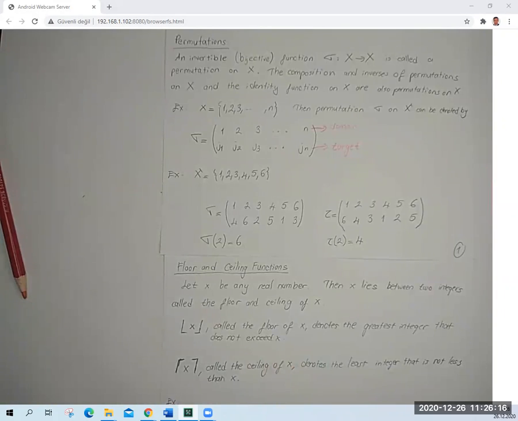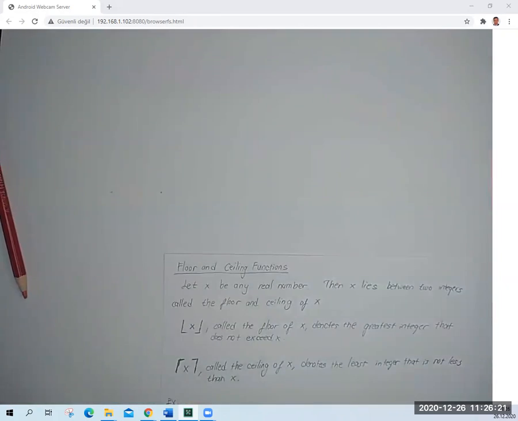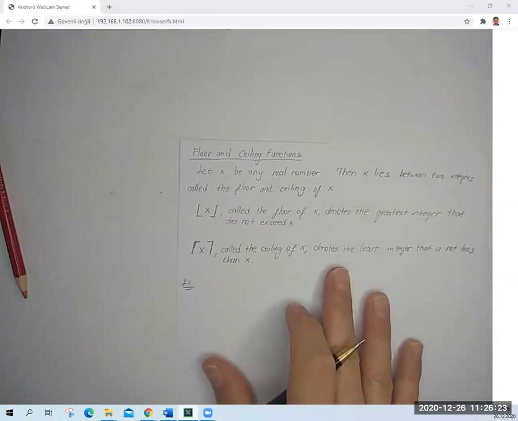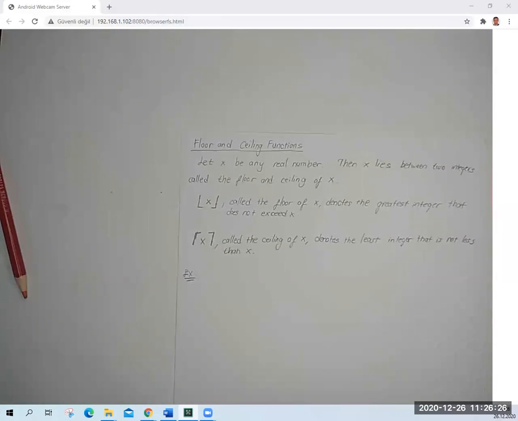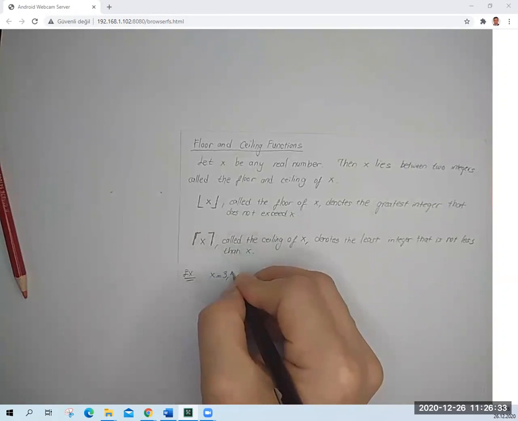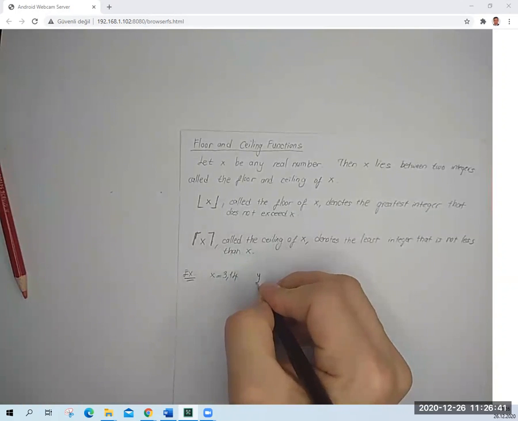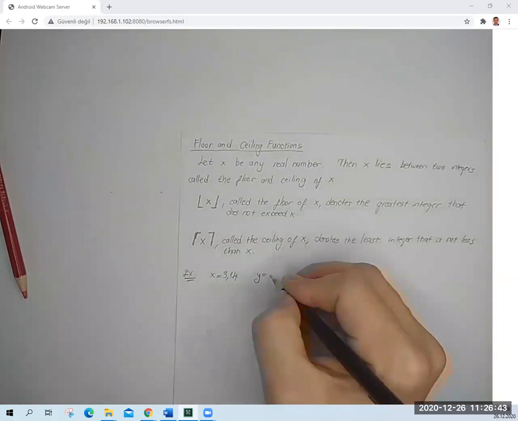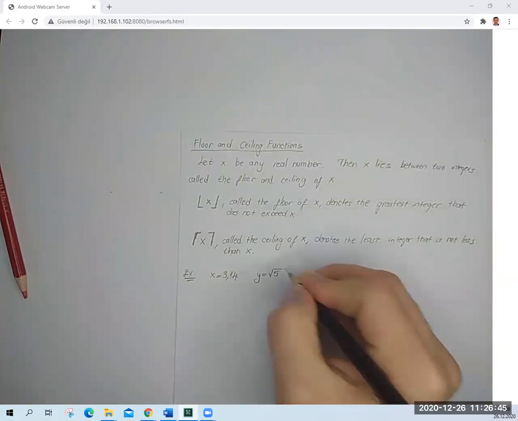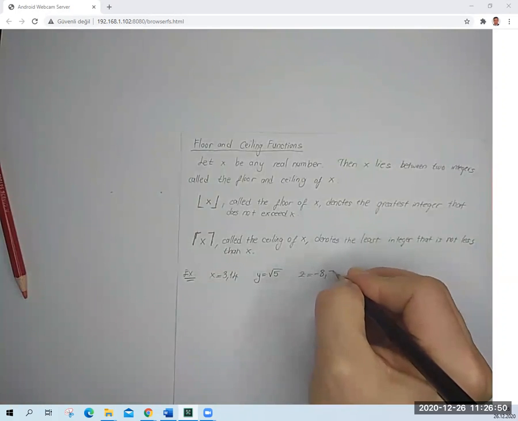Some example, okay, take that page off. Okay, if we have x as 3.14, like the pi value, and y is the square root of 5, and z is equal to minus 8.5.